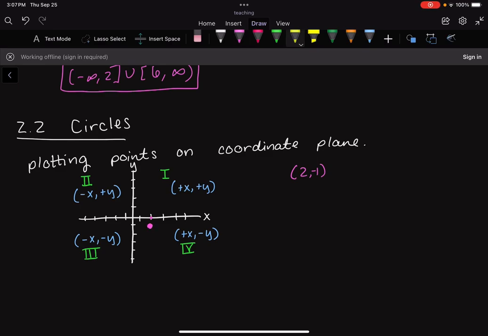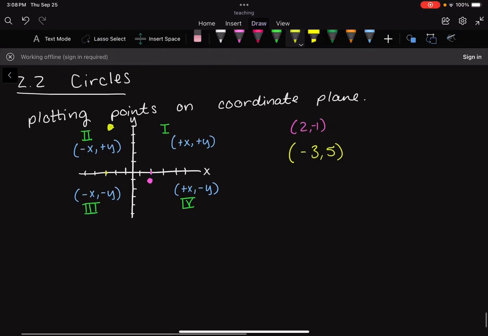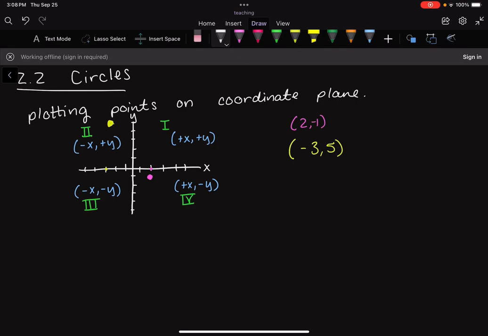If I plot, let's say, (-3, 5), that's a negative 3 here on my x-axis, and then I have to go up 5, so that brings me here. So that's just plotting points. I think y'all will be okay with that.